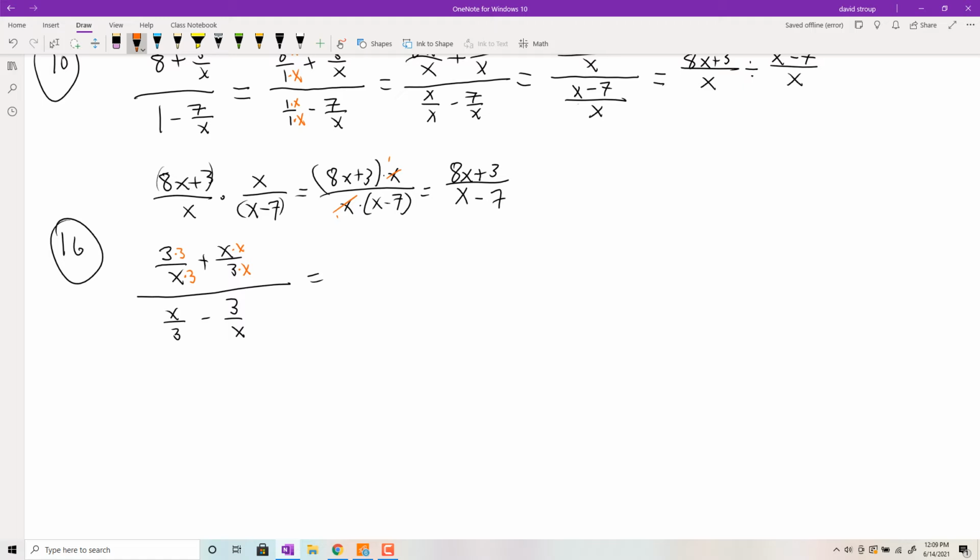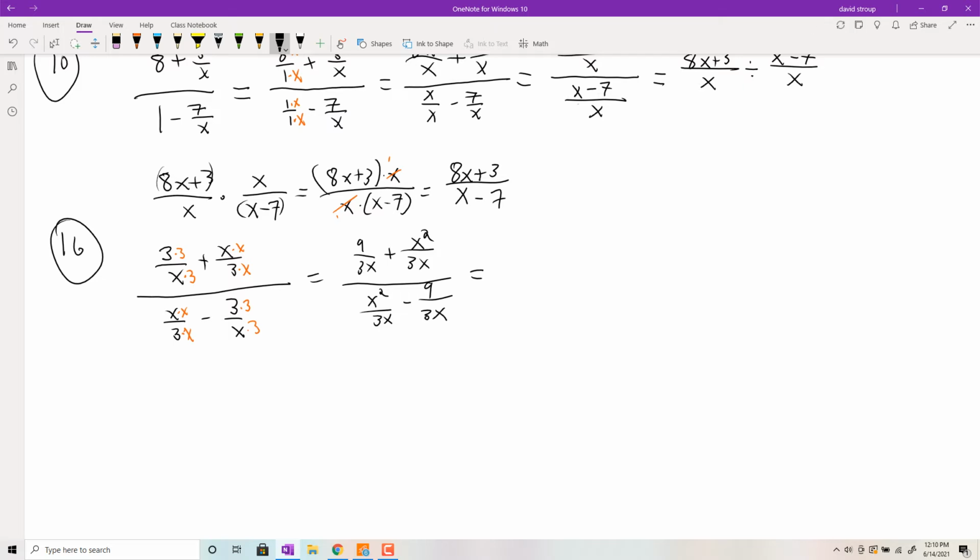In the denominator, it's kind of the same spiel. The first denominator is missing a factor of x, so top and bottom by x. The second denominator is missing a factor of 3, so top and bottom by 3. So I'll have 9 over 3x plus x squared over 3x, all over x squared over 3x minus 9 all over 3x.